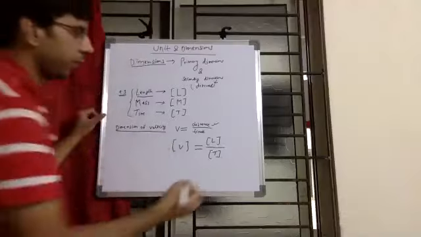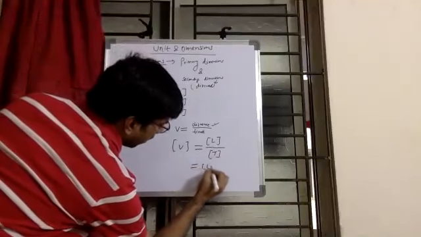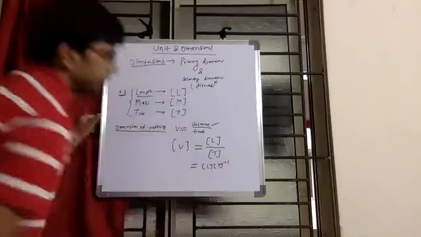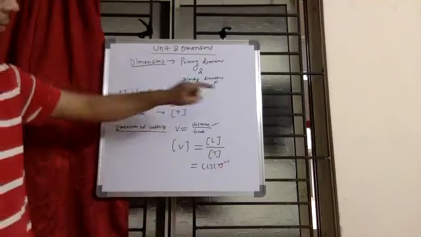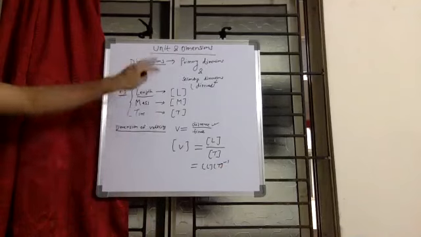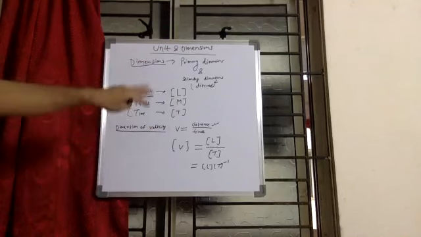So the dimension of v can be written as L T minus 1. In this way, we can calculate the dimension of our derived or secondary quantities. Now we will go through some numerical problems, then we will understand all these things.